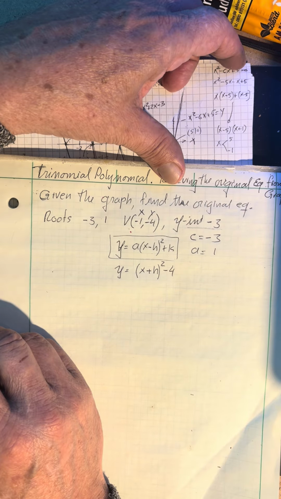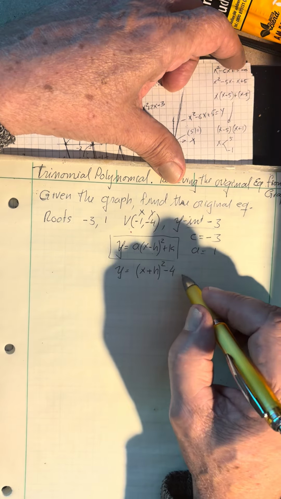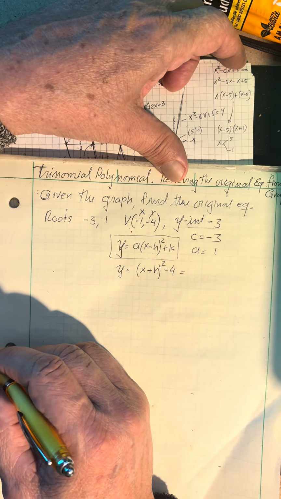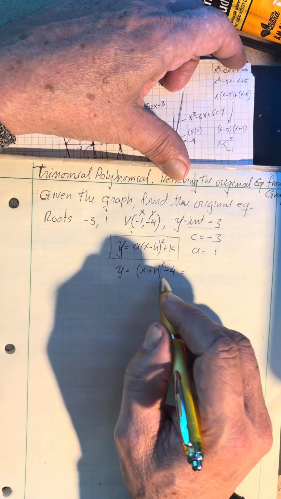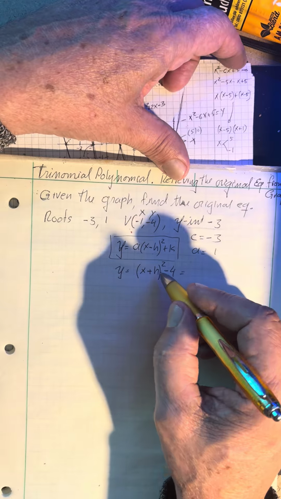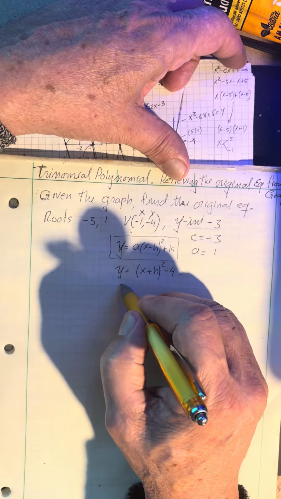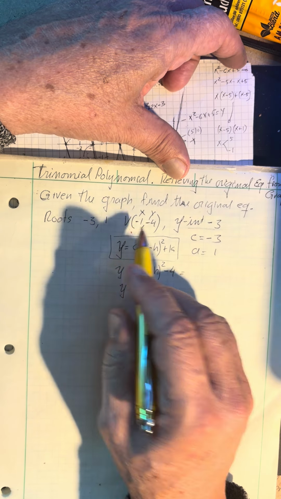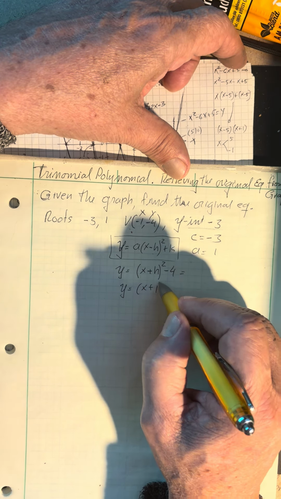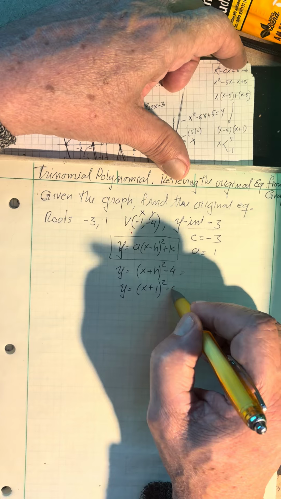So how do we find the standard form? Well, we can multiply this out. Oh, I wrote this wrong. It's x plus 1.